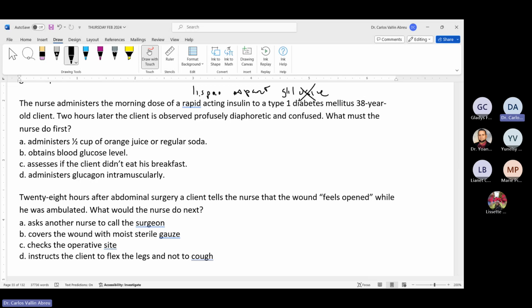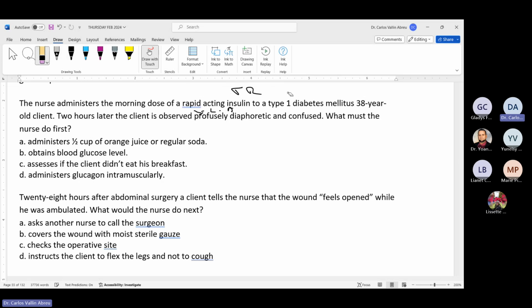So Lispro and Aspart are the most important. I always confuse rapid acting insulin with short acting insulin. Short acting is the regular insulin, while the rapid acting is Lispro and Aspart. But I always confuse these two.